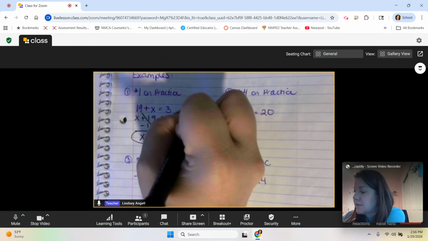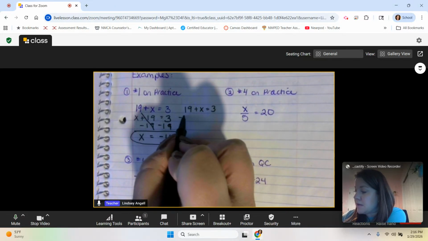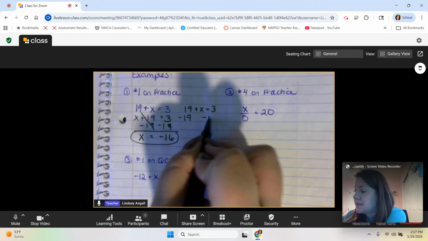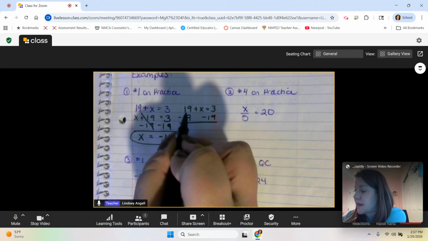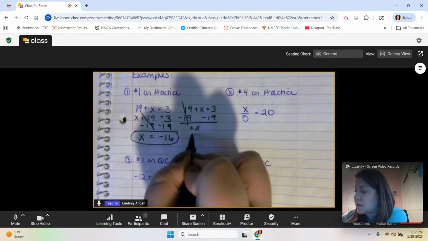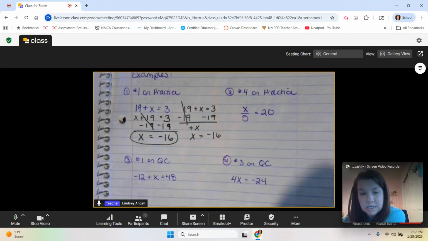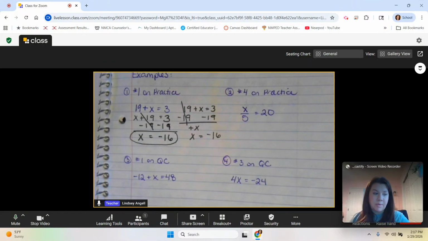Now, let's just say we had left it how it was here. Well, we would have done the same thing. I've got a positive 19, and to get rid of it, I still have to subtract 19. So I'm left with positive x, or just x, which is equal to negative 16. Either way, and then you can check your work.